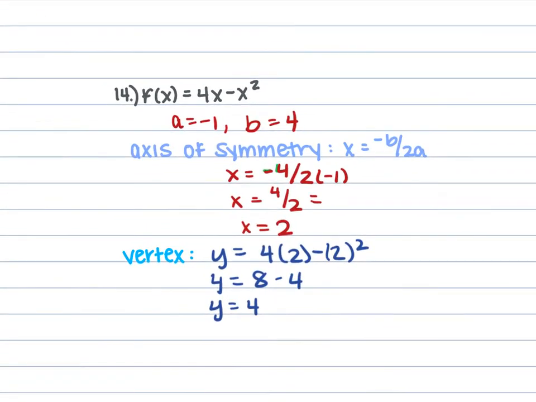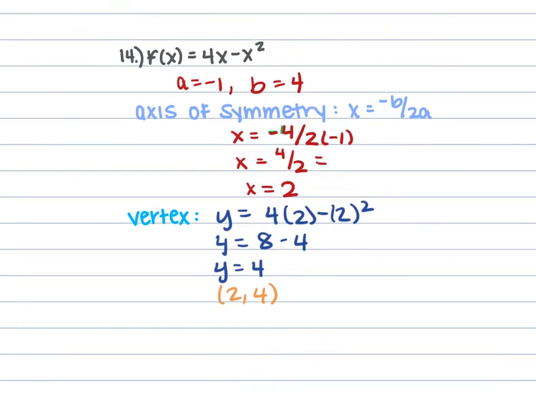So that gives us the ordered pair 2, 4. To find our maximum or minimum, our a is negative 1, so that means that we're going to have a maximum value, and that value is the 4. So our maximum, we have 4, our vertex is 2, 4, and our axis of symmetry is x is equal to 2.